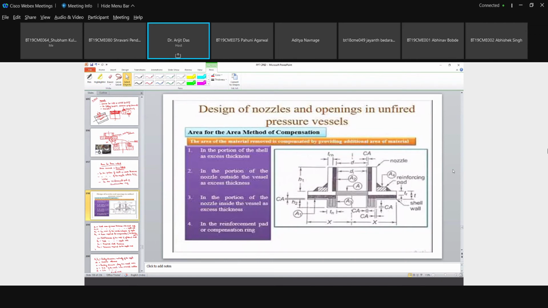And for problem solving also, you draw it perfectly. If you finish, then you tell me, okay?